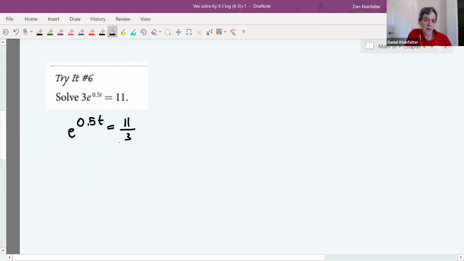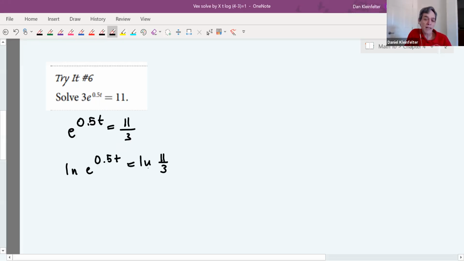Now we're going to take the logarithm of both sides. And I know most people prefer the common logarithm, but since this problem has an e in it, it makes most sense, or it's natural, to use the natural logarithm. So let's take the natural log of e to the 0.5t, and that's natural log 11/3.